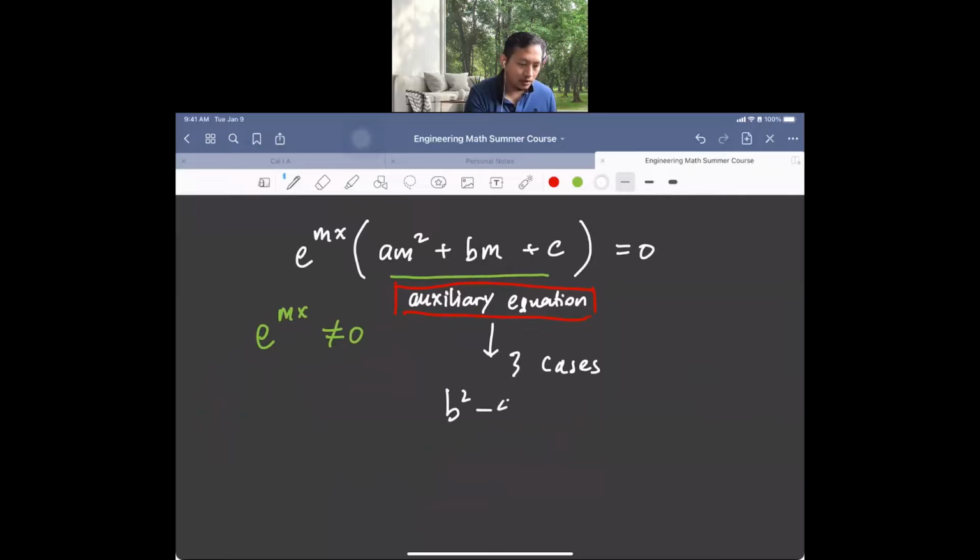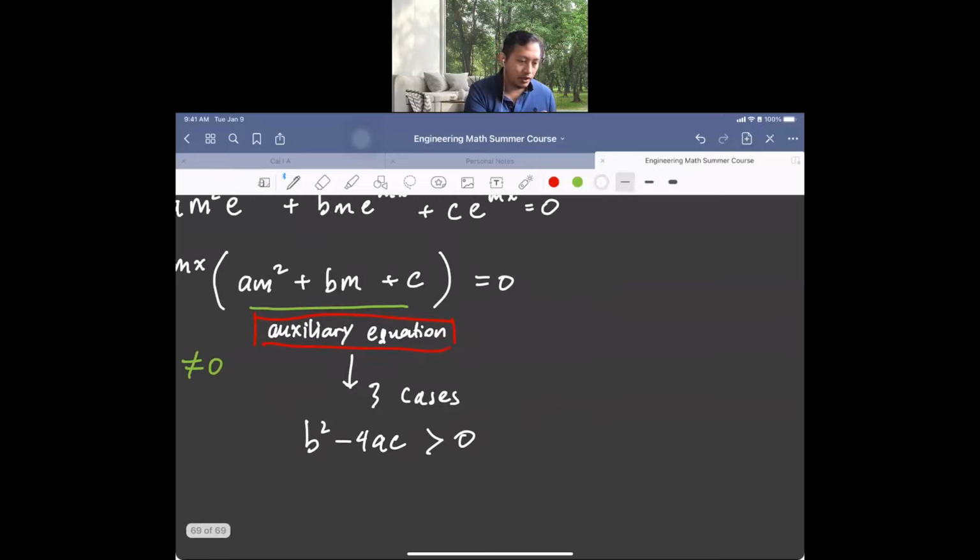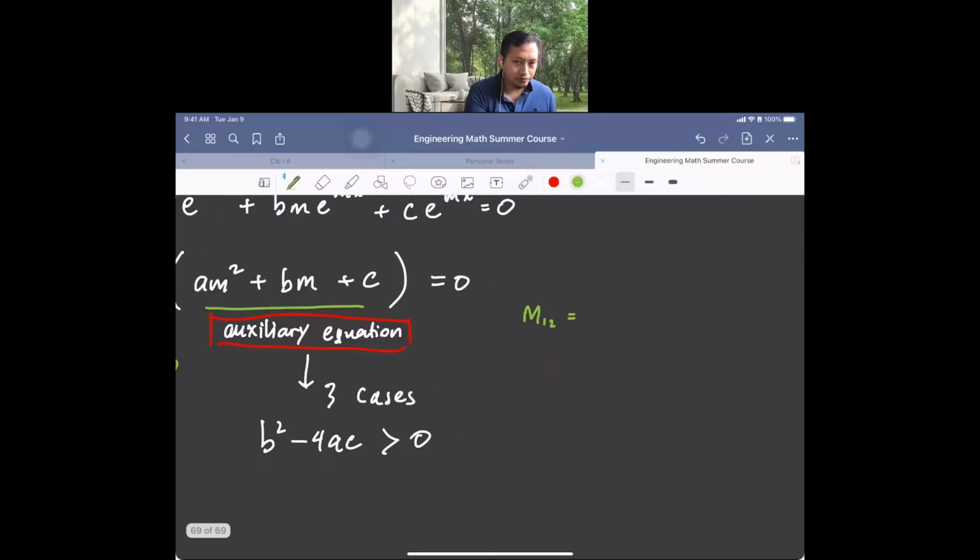The first one involves what we call the discriminant, if you remember the quadratic formula. We have m1 and m2 equal to negative b plus or minus the square root, right? And from this formula we can have three cases, depending on the discriminant.